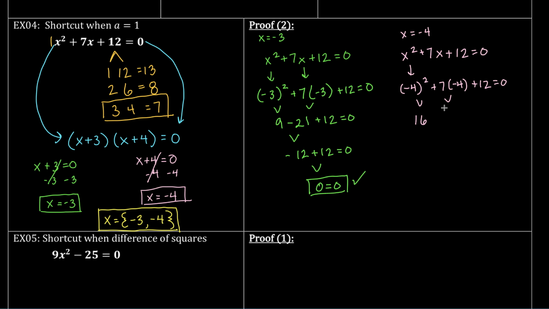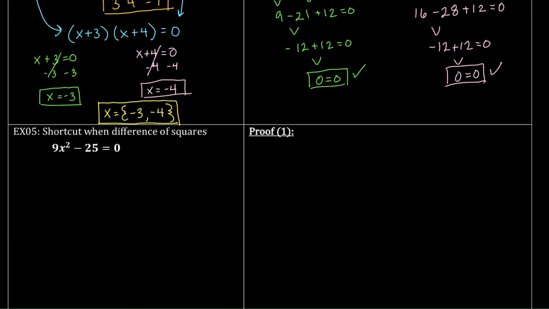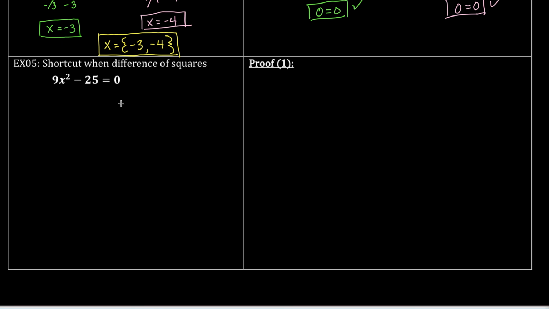Positive times a negative is a negative 28. And 16 minus 28 is negative 12. And negative 12 plus 12 is 0. So when I put in either of these two numbers, my equation equals 0. My equation is true.